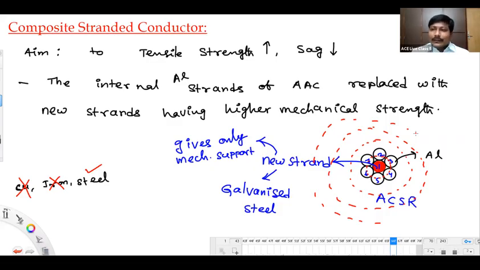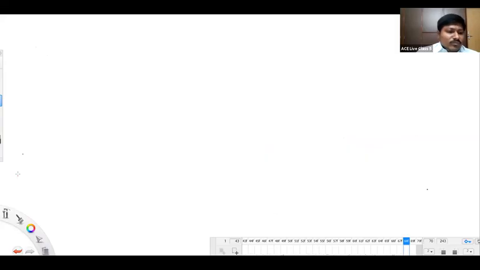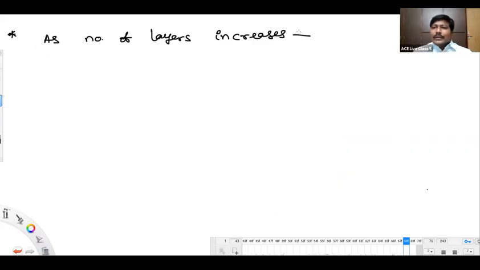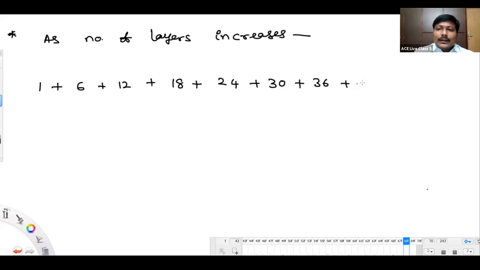Then we will go for the diameter now. As the number of layers increases, the internal strand is 1. The first layer has 6 strands, second layer 12, third layer 18, fourth layer 24, next it will be 30, next 36 and so on.